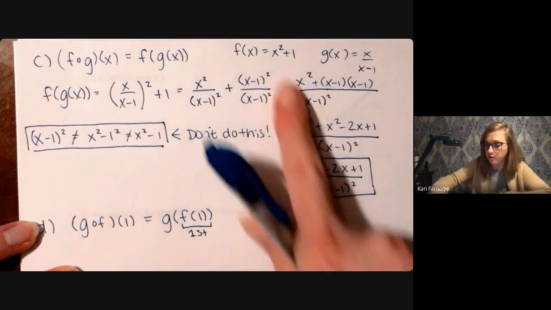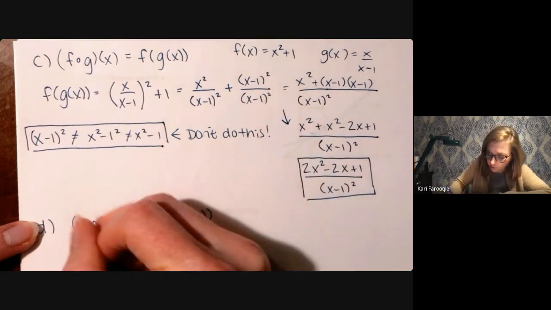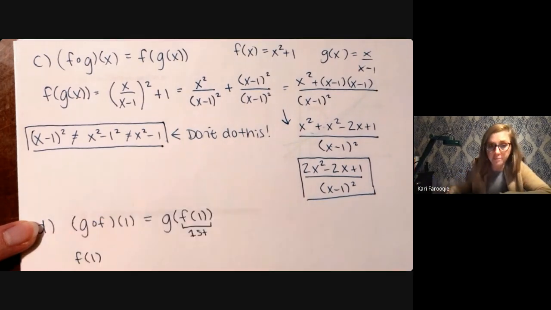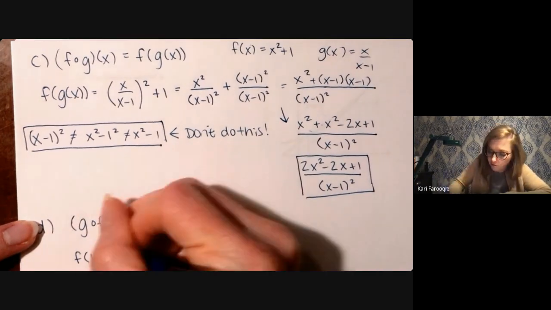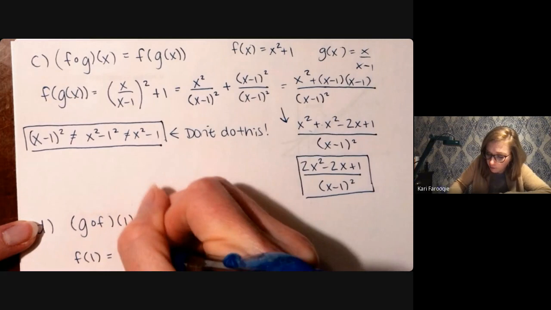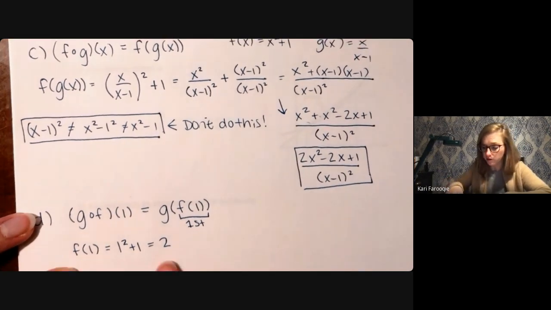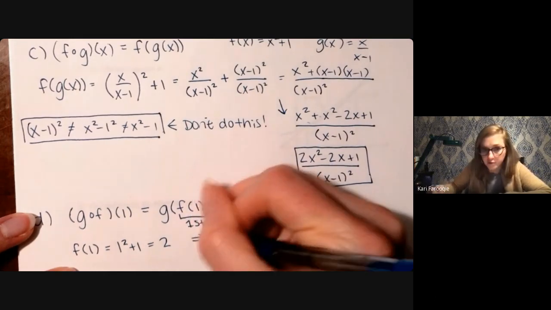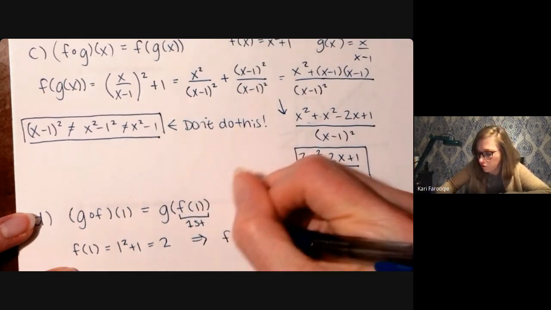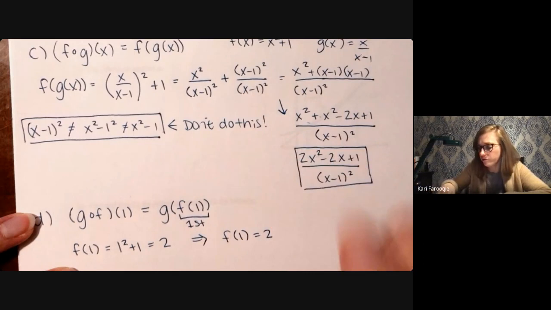So f is x squared plus 1. So I'm going to find f of 1, which is 1 squared plus 1, which is 2. And the next thing I'm going to do is find G of 2, because 2 is f of 1. So if you want, we can just say that f of 1 equals 2. That's sort of like a sub-conclusion.